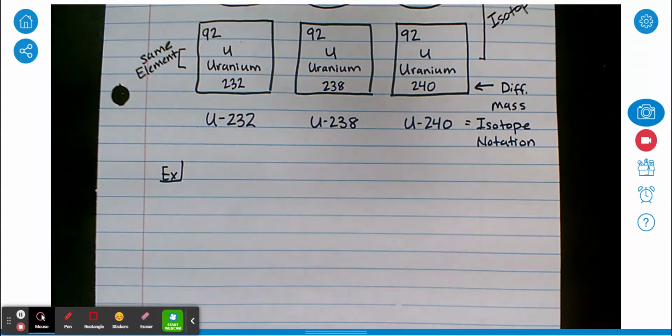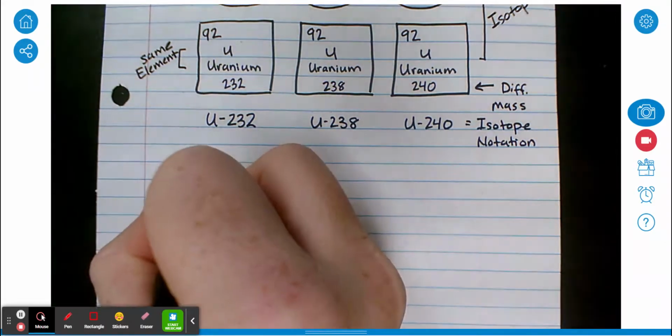Uranium is a metal. It's found in rocks. It's found all over our Earth's crusts. Now, we're going to say that you are a scientist. You have gone out and you have dug up a rock.